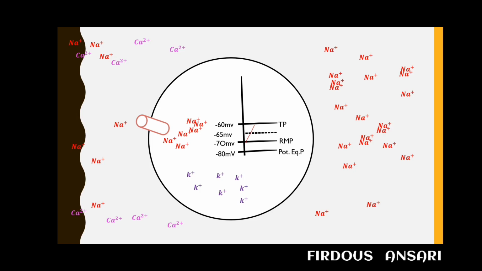Before, the touch was a sub-threshold touch, and because of that the neuron will not get activated. If you really want to activate a neuron, the stimulus should be a threshold stimulus. Now, once threshold potential has been attained in that piece of the neuron, after that threshold-sensitive voltage-gated sodium channels will open up.